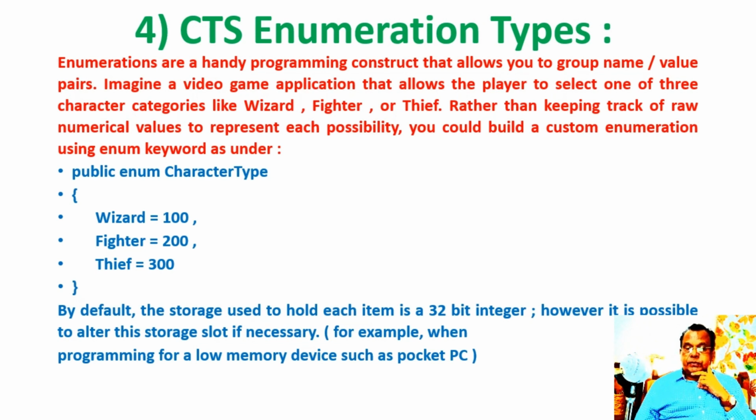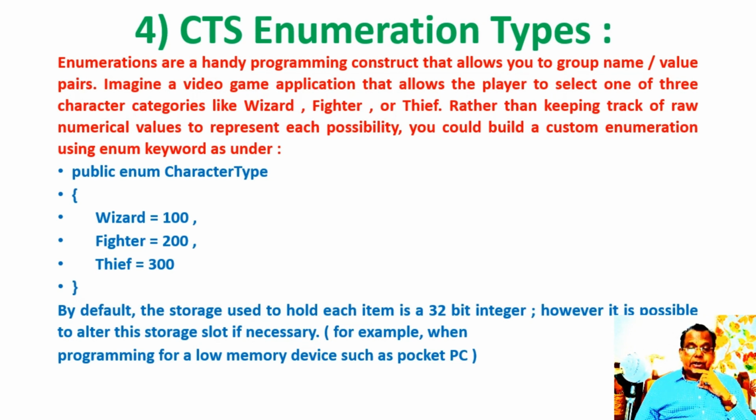Full stop. Rather than keeping track of raw numerical values to represent each possibility, you could build a custom enumeration using the enum keyword. We are using the enum keyword for that.